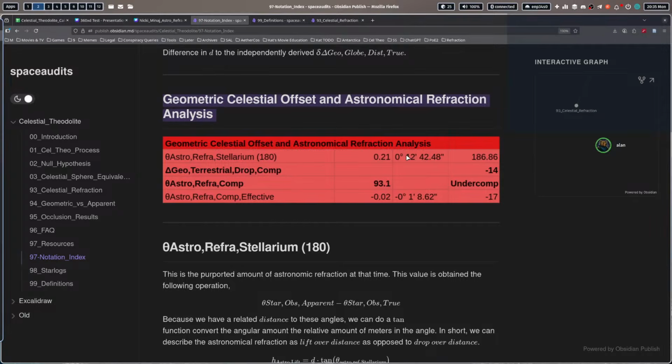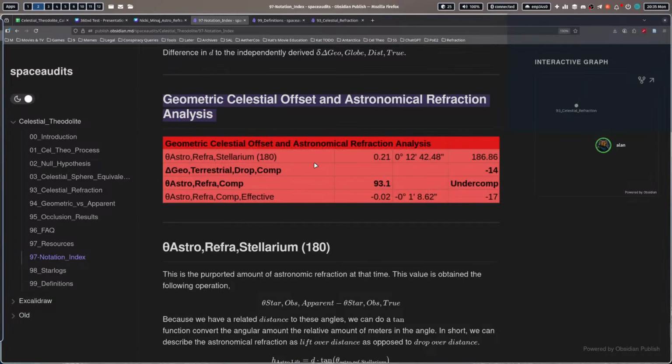And there's supposed to be 201 meters of drop. So this creates a 14-meter undercompensation. So here they were unable to geometrically compensate for the amount of curvature that was expected. They were geometrically off by 14 meters on their astronomical correction, which is a huge failure for them.